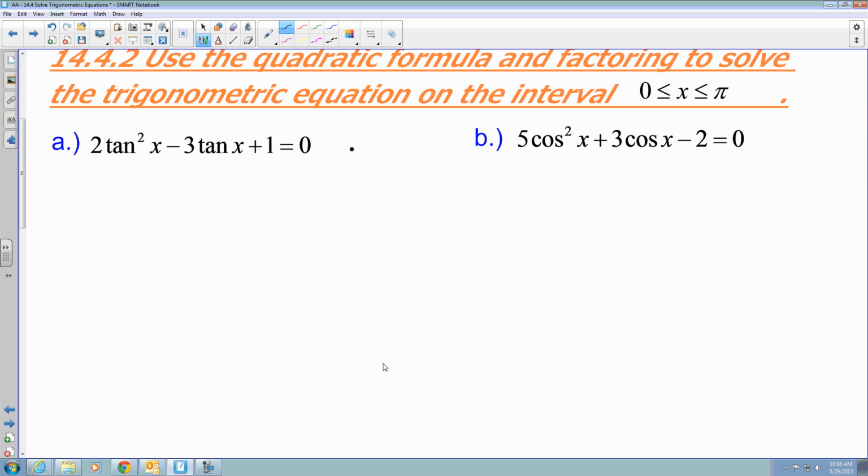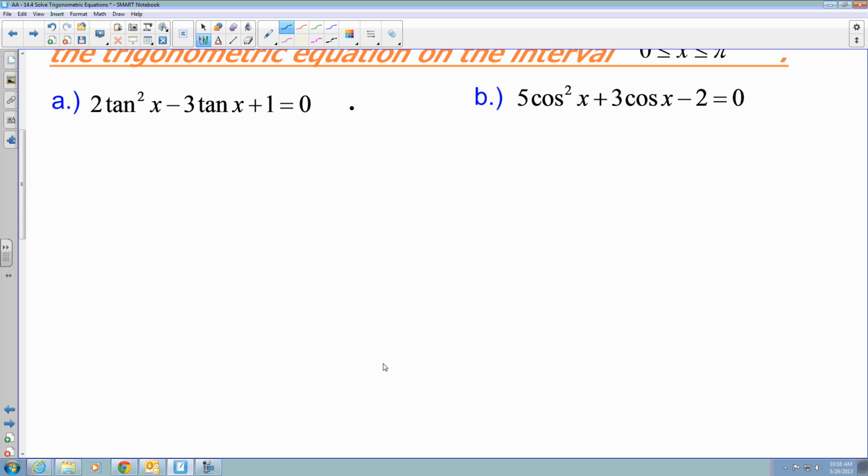So if I look at example A, I have 2 times tangent squared x minus 3 times tangent x plus 1. So what's replacing our ax squared plus bx plus c format is, instead of it being x as our variable, it is a trig function. In this case, it's going to be tangent x.